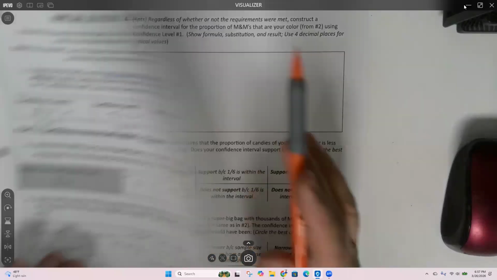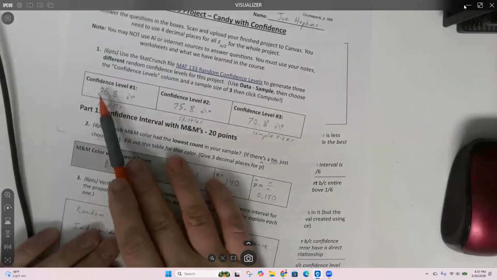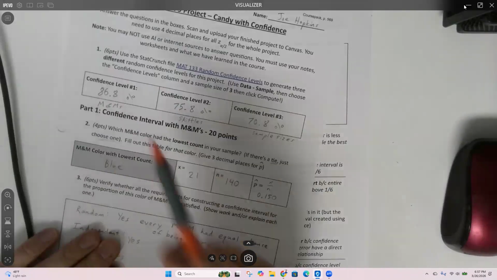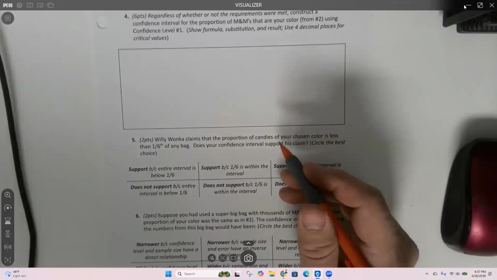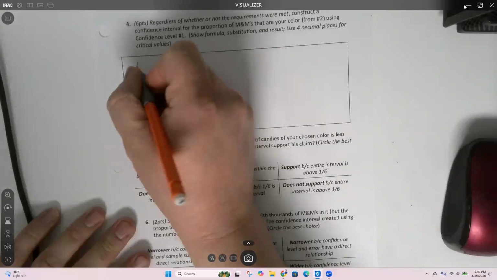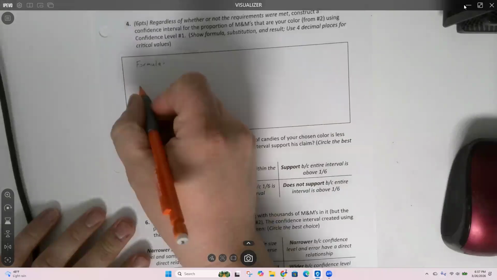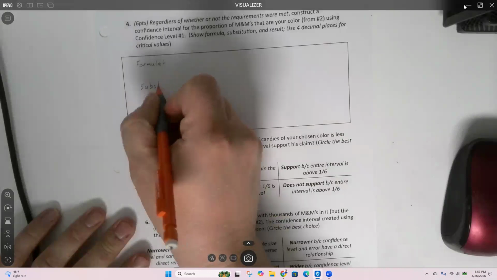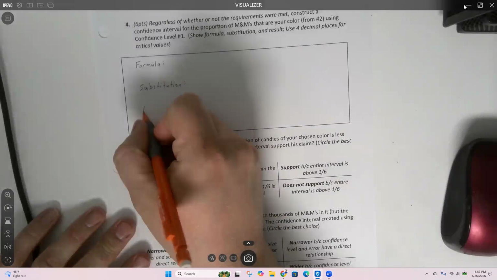So I want to build an 86% confidence level confidence interval. Anyway, we need to show the formula. We need to show the substitution. And we need to show the result.